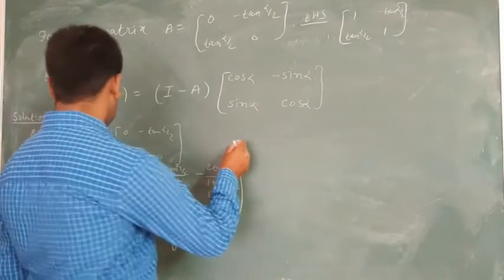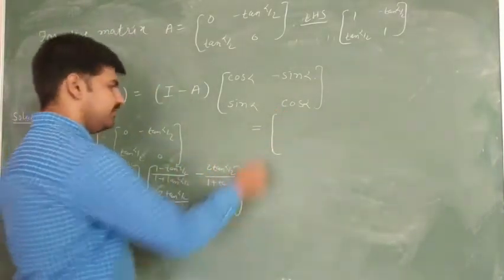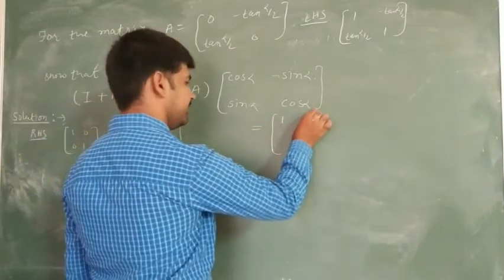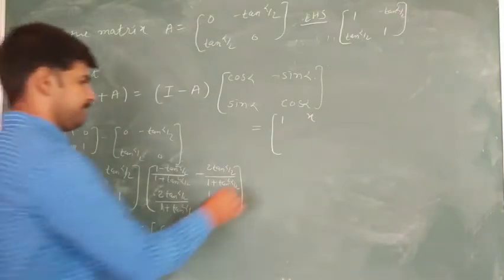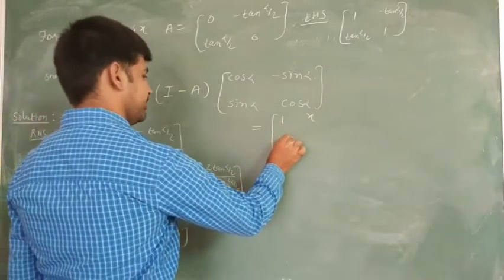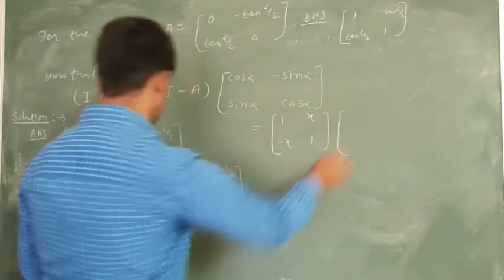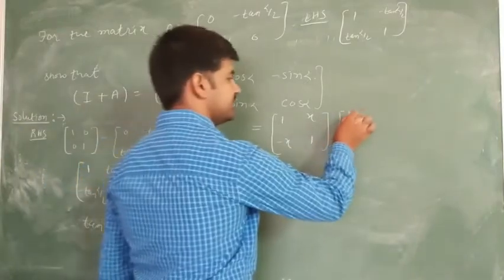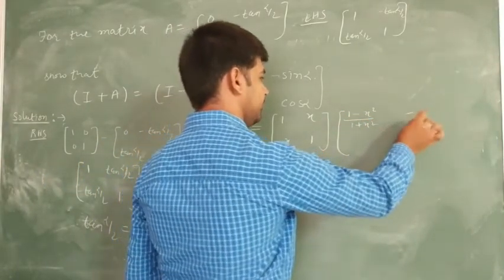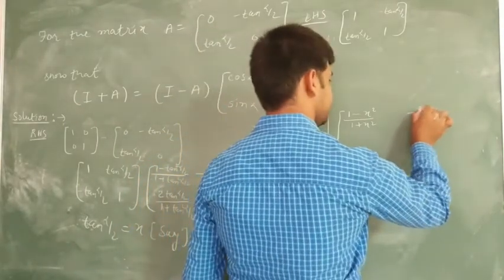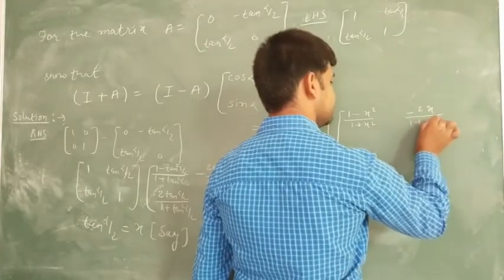So students, now we have RHS is equal to: we have 1 and tan alpha upon 2 means x, and here it is minus x, and this is 1, and here we have 1 minus x squared over 1 plus x squared, and here we have 1 minus 2x over 1 plus x squared.